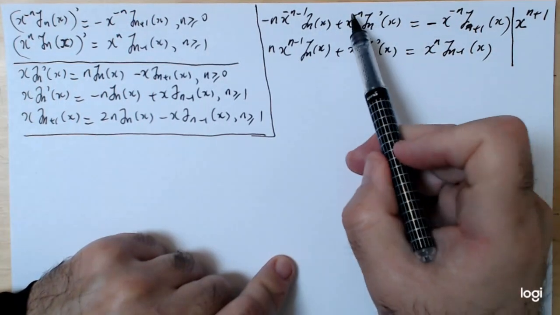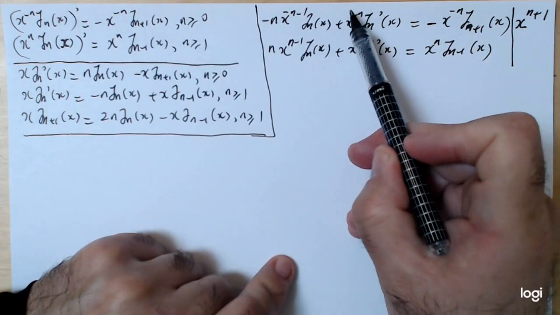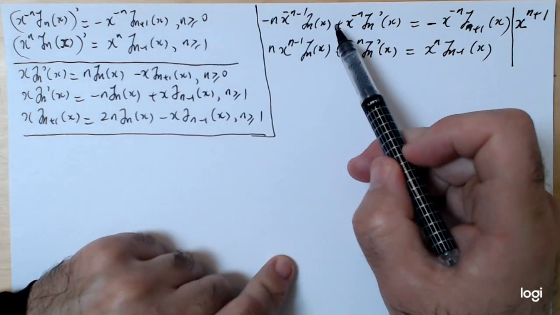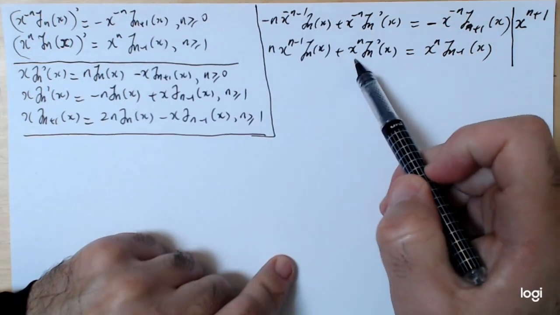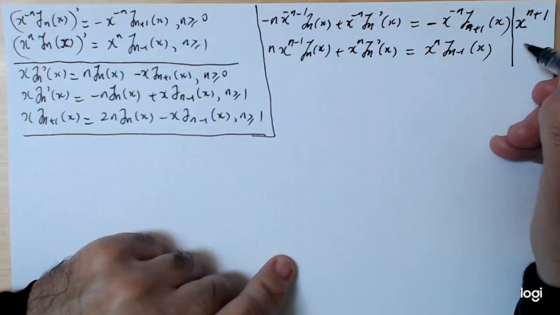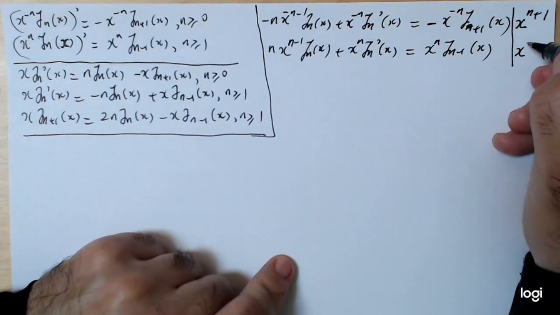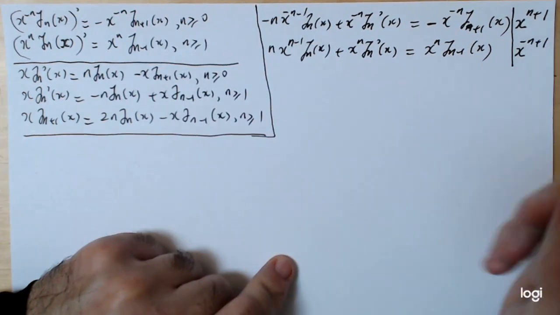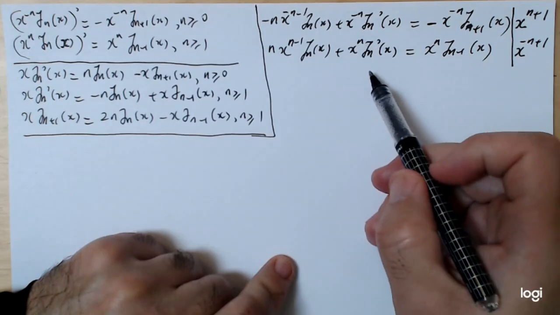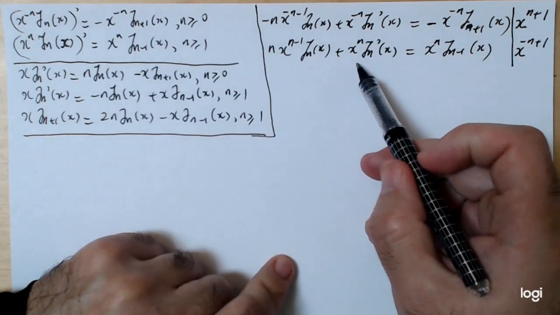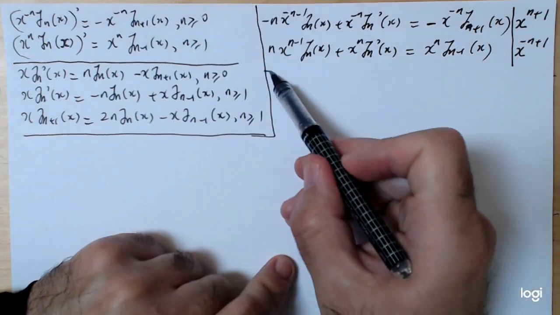Again, x to the n will eliminate x to the minus n, and there's another x to be left there together with jn prime. By the same token, the second row needs to be multiplied by x to the minus n plus 1. x to the minus n again eliminates x to the n, and then you're left with an extra x together with jn prime.